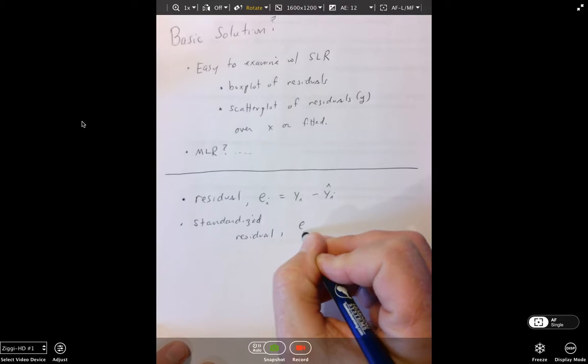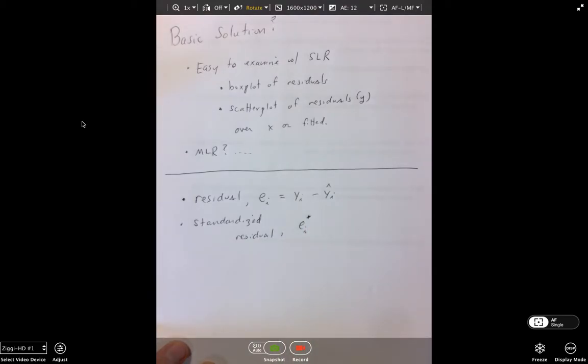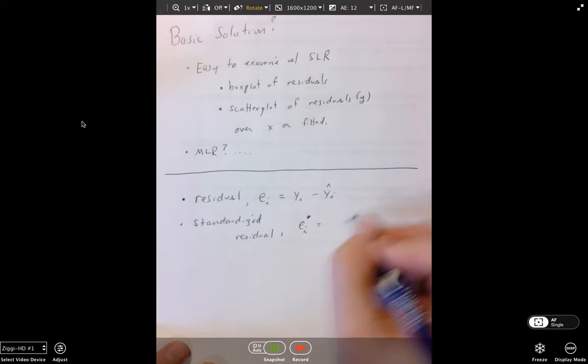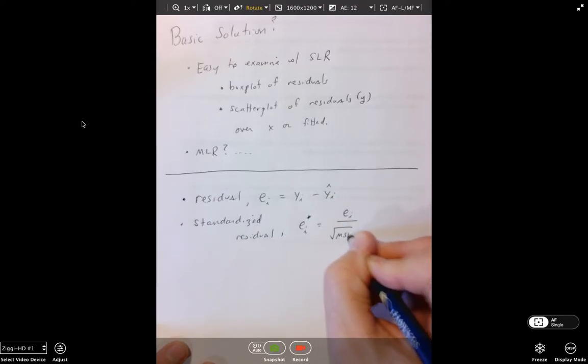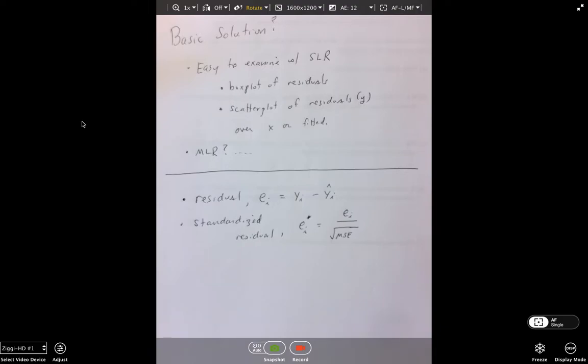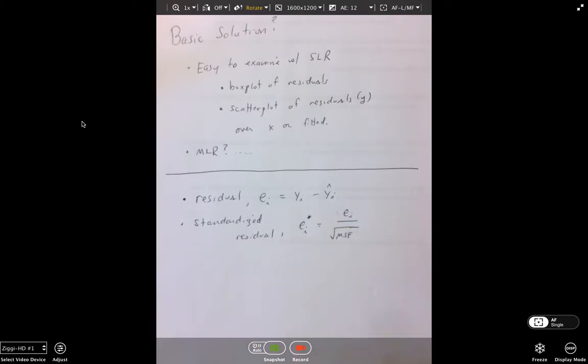And to notice the difference, we put a star there. And I hope you remember from the last video that the standardized residual is found by taking the error divided by the mean square error.